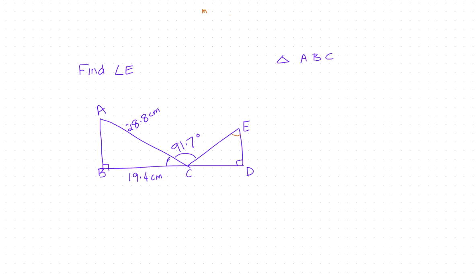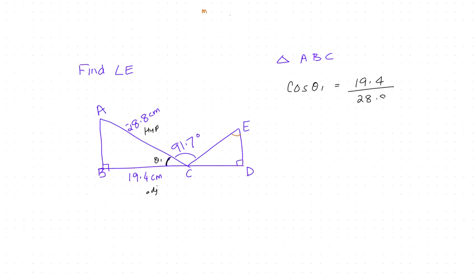So for theta 1, this is called the adjacent side and this is the hypotenuse. So what ratio can we use? Adjacent and hypotenuse is cosine. So cos theta 1 equals adjacent is 19.4, hypotenuse is 28.8.